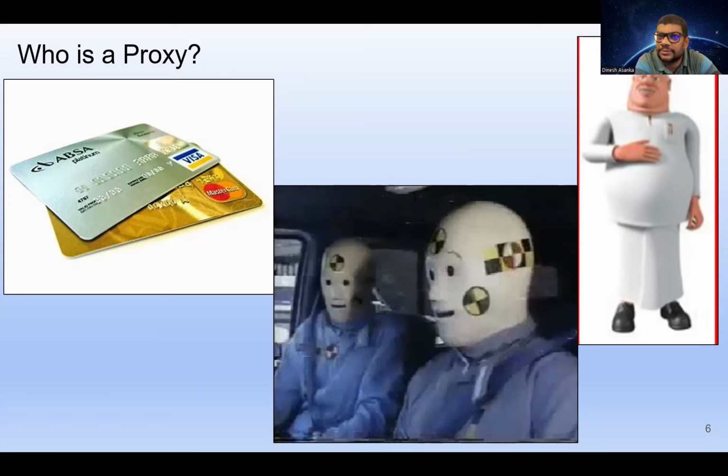Again, they are proxies. And if you look at the middle picture, when you want to test car crashes, you can't send actual people. Instead, you are sending proxies inside the car to understand the severity of the car crash. So these are the proxies that we see in our day-to-day life.